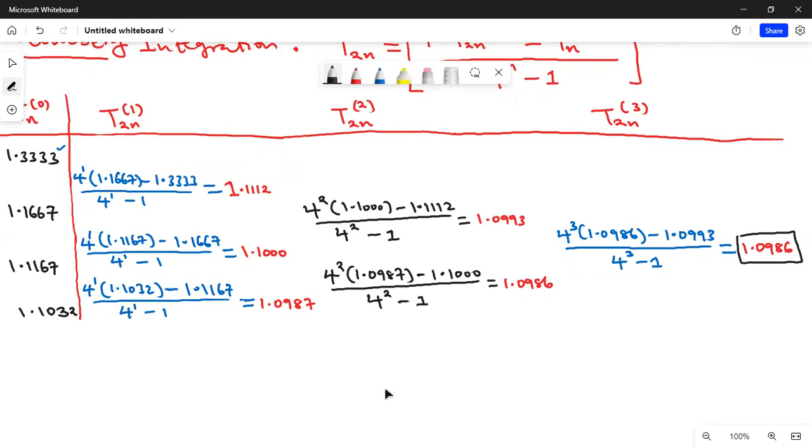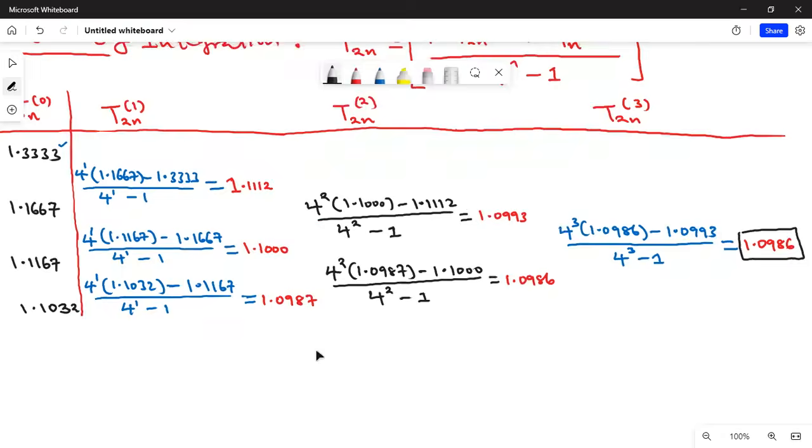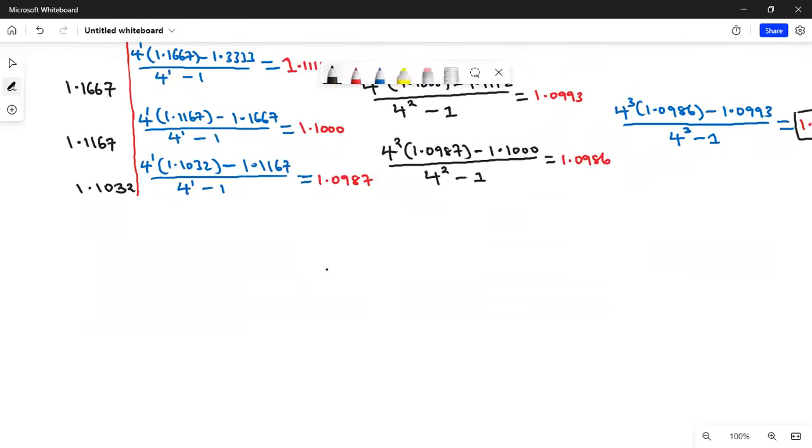So we can now conclude: therefore, the integral from 0 to 2 of 1 over 1 plus x dx is approximately equal to 1.0986. That is correct to 4 decimal places. And so this is by using the Romberg integration.